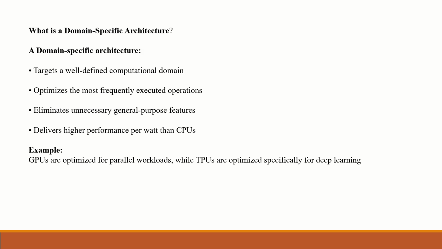What is domain-specific architecture? A domain-specific architecture is designed for one specific type of application. It focuses only on frequently used operations. It removes unnecessary general purpose features. So, if a target is assigned for a domain specific architecture, it just focuses on what the domain is, what the specific topic has been assigned for it.